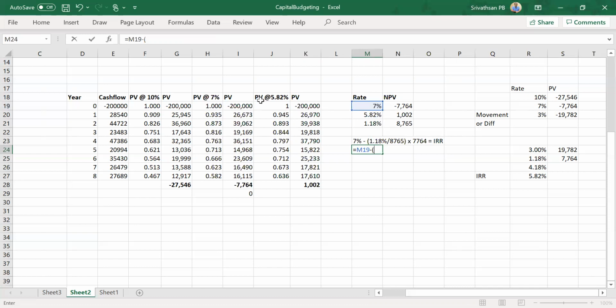So let's try it. 7% minus 7,764 in the numerator, 1.18 in the numerator, cross multiplication. 7,764 into 1.18%. Normally, again in your book, the percentage will be applied towards the end, but I'll apply it here. The whole thing divided by the movement of 8,765, cross multiplication.